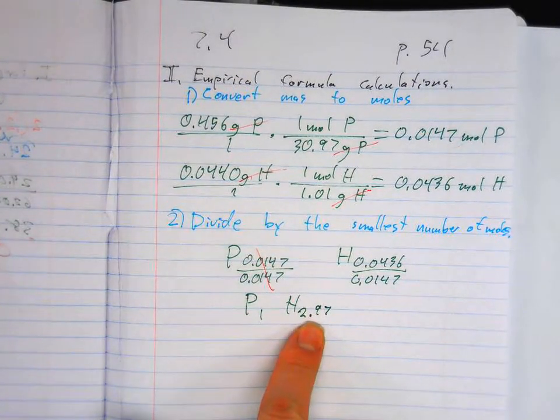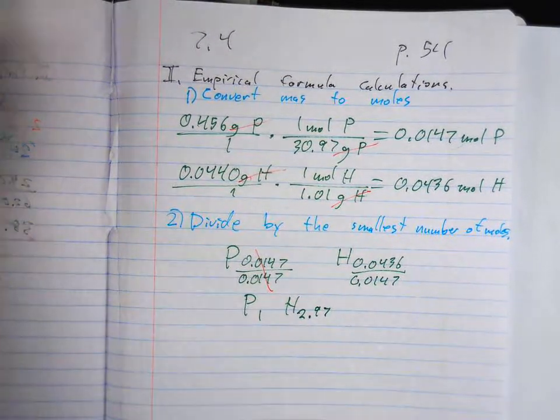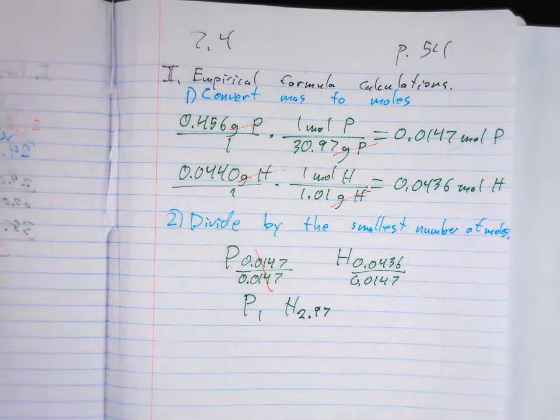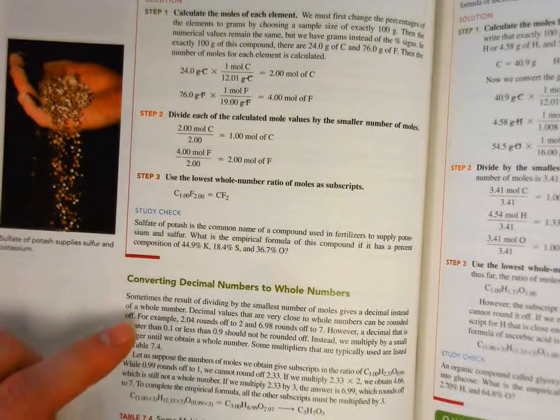Now, it's very close to the whole number 3, but it's not exact. So, when it's close enough, if it's within 0.1, then we can just round it to the nearest whole number.